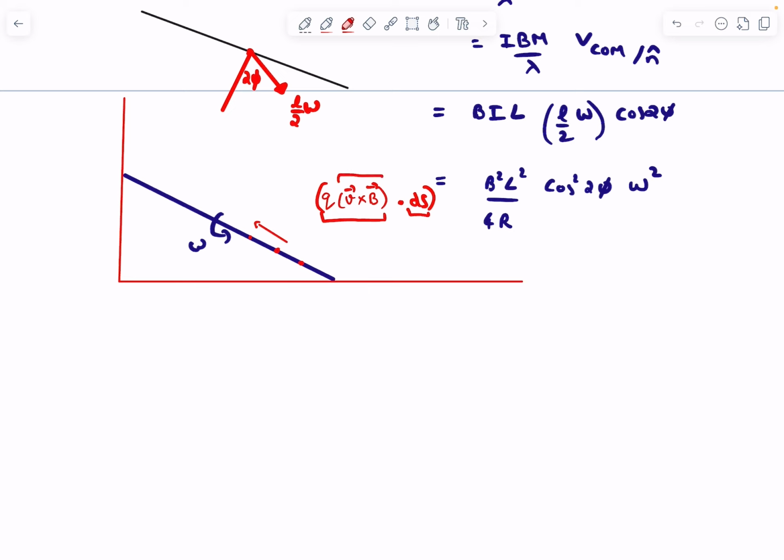So this cross product is perpendicular to the velocity vector, and ds is parallel to the velocity vector. Which means the V cross B vector and the ds vector are perpendicular to each other, so the dot product turns out to be 0. So magnetic forces by definition won't do any work on this conductor.